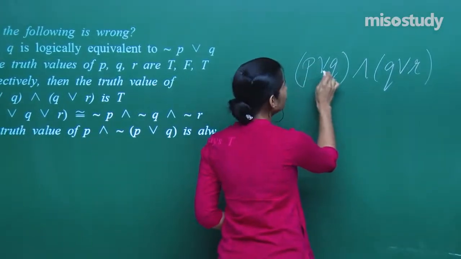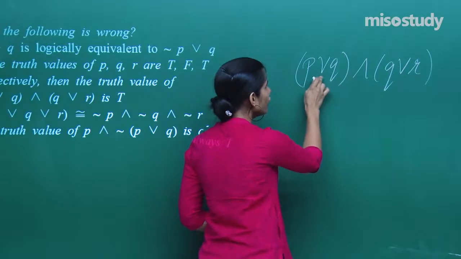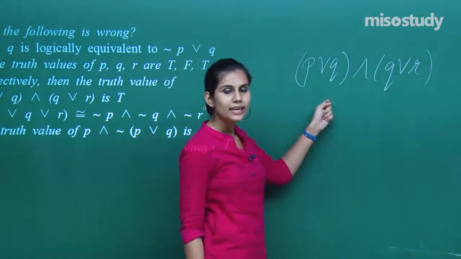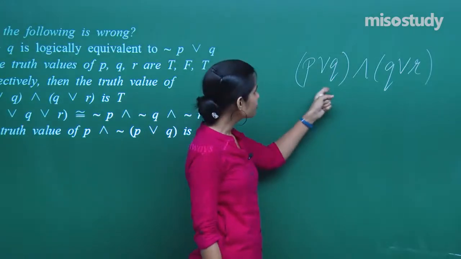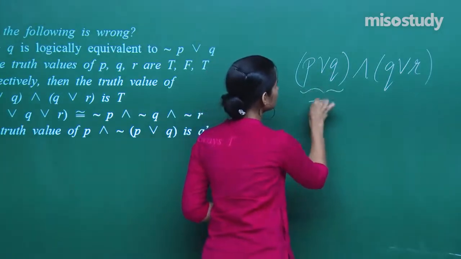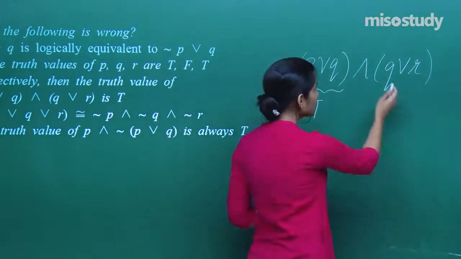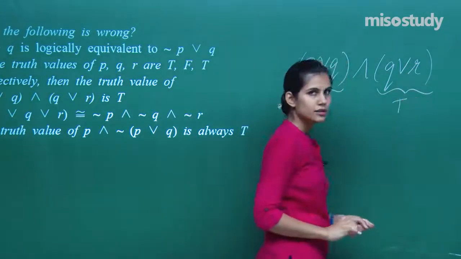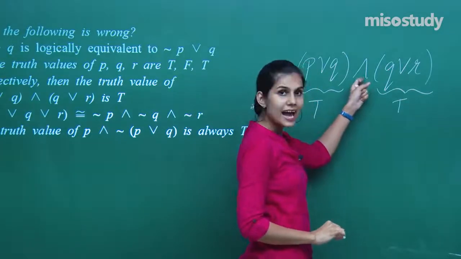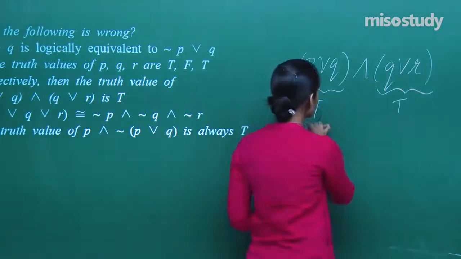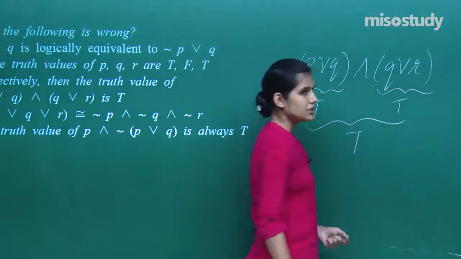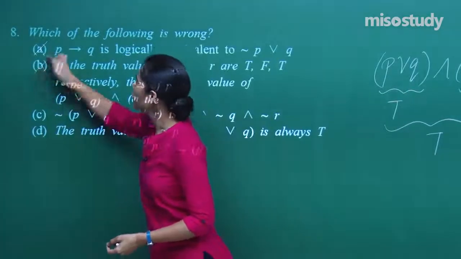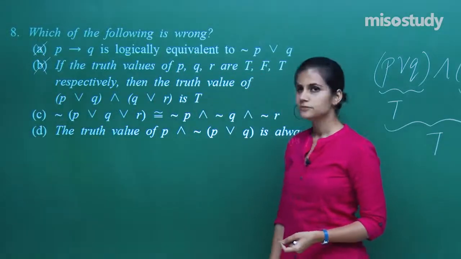If P is true, Q is false, P or Q is true when at least one of them is true. P is true, Q is false, so this is going to be true. If Q is false, R is true, again this is going to be true. And this is and. If this is true and this is true, this is true. So the truth value is true. This is again the correct statement, and for me it is wrong.